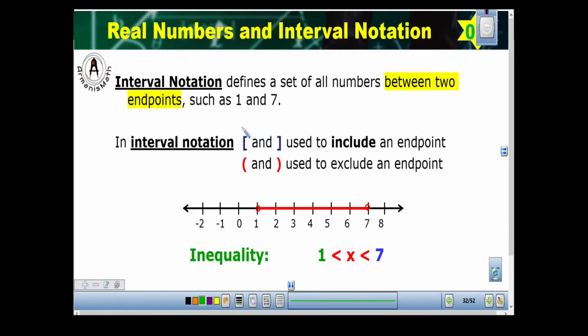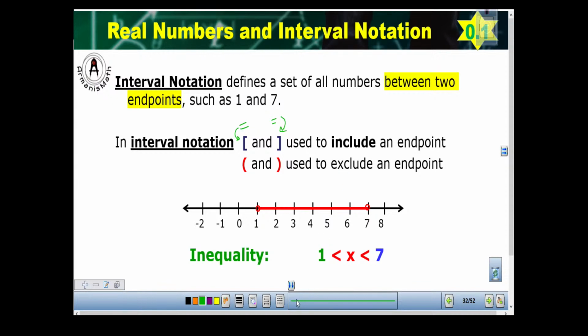So maybe on top of the bracket, when you take notes right now, you're going to put the words equal to. If you want to use the bracket, you're saying that you want to include that amount. If that's what you want, then you could use the bracket. If not, then you use parentheses. Parentheses says you are excluding this end point.